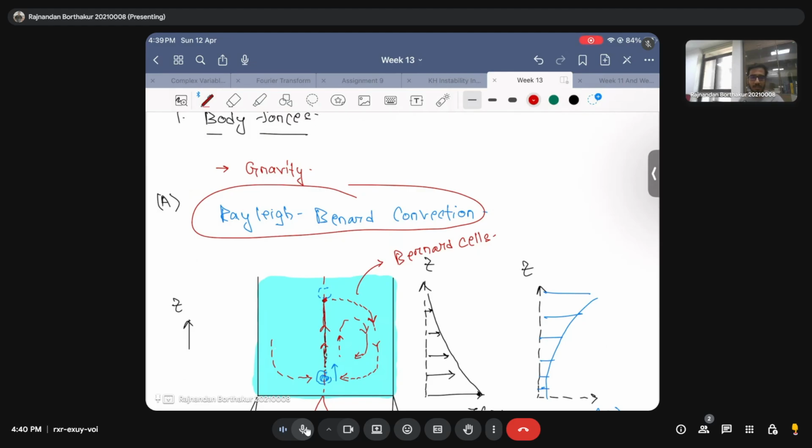One of the mechanisms by which the heat from the sun's core reaches its surface before being radiated is by Rayleigh-Bénard convection. Okay, so this is one classic example of Rayleigh-Bénard convection.